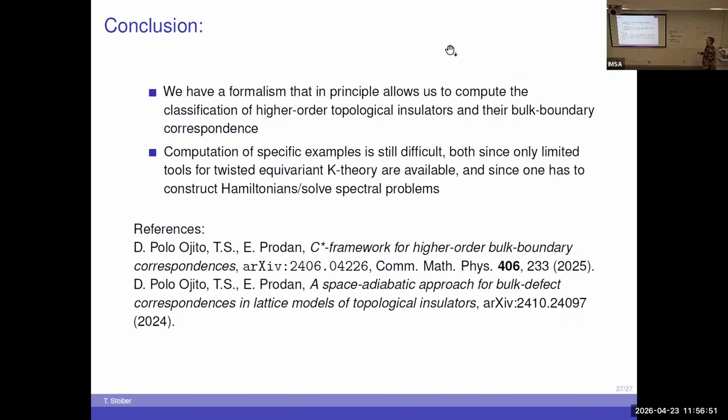So there are very few tools actually available to do these computations systematically. If you want to actually classify relevant amounts of symmetry groups, there are still many things we need to figure out. But at least I think we have the right tools available now to answer this question on the operator algebraic level.